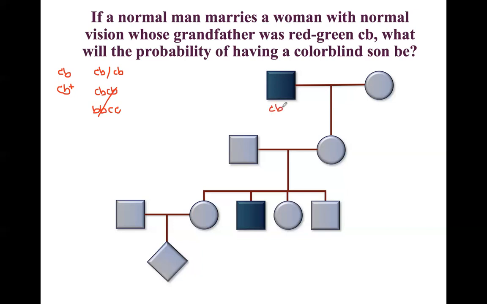Colorblind, CBY. Colorblind, CBY. Okay. Now remember, for an X-linked trait, men are very easy because they only have one copy.